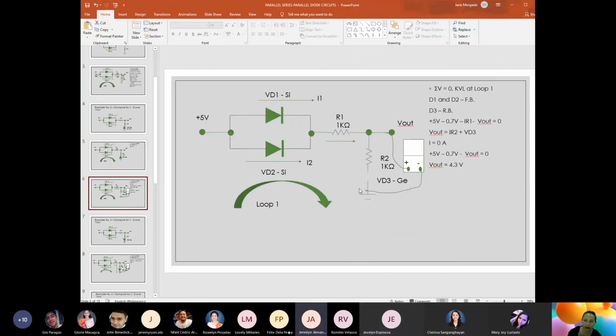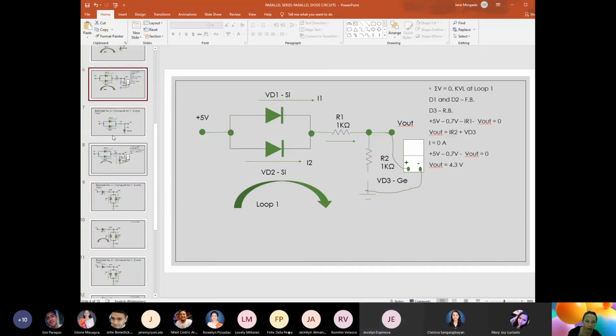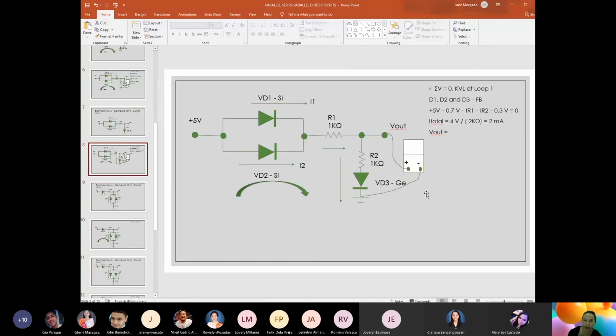Dito naman, putol siya. Wala kang current na measure. So, walang voltage drop across resistors. So, yung V out mo is 5 volts minus the voltage drop across diode. Yun lang na measure mo, which is 4.3.